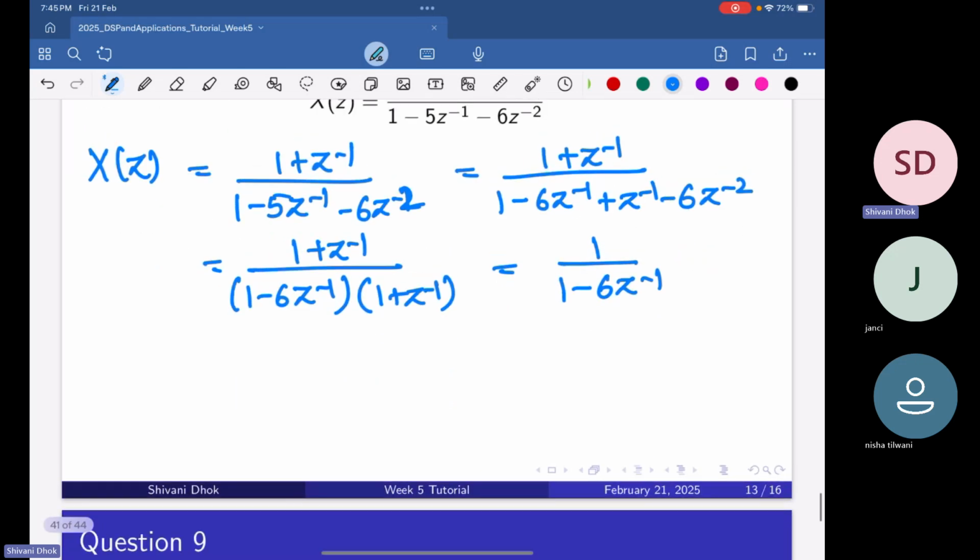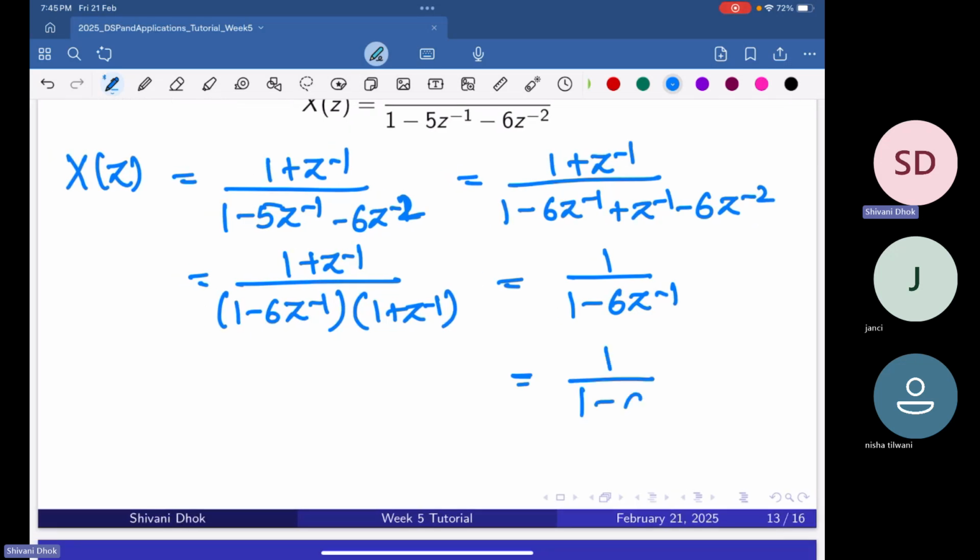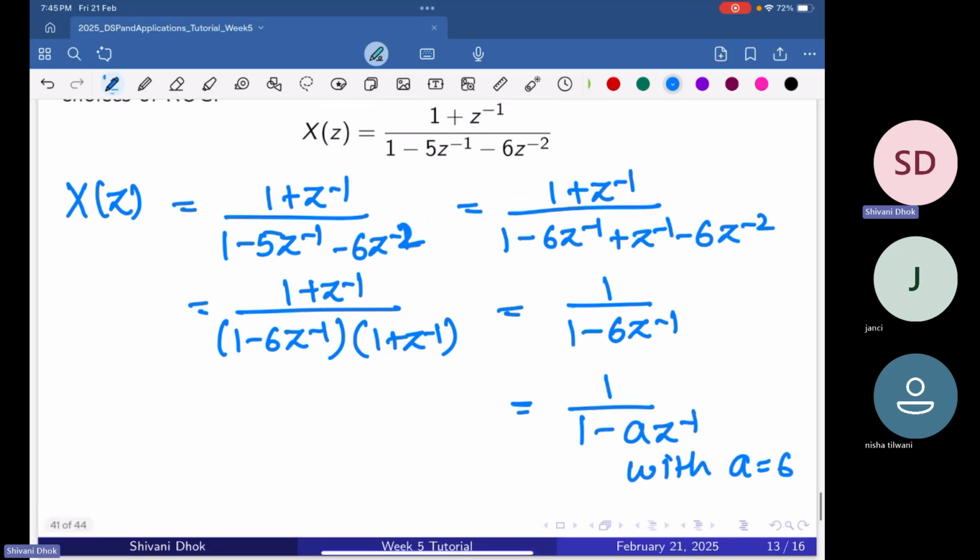So this is again a standard form. This is of the form of 1 upon 1 minus AZ inverse with A as 6.